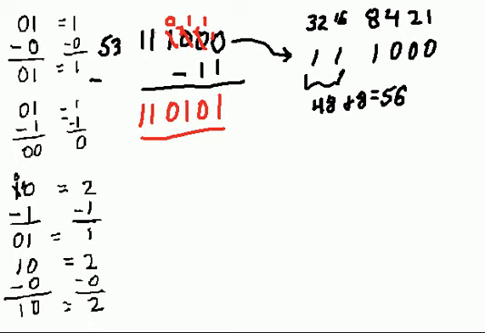And let me correct that. We got the 48 and 8 is 56 minus 2 ones. 2 and a 1 would be 3. So 56 minus 3 in decimal gives me 53. So dollars to donuts, this guy over here is going to be 53.